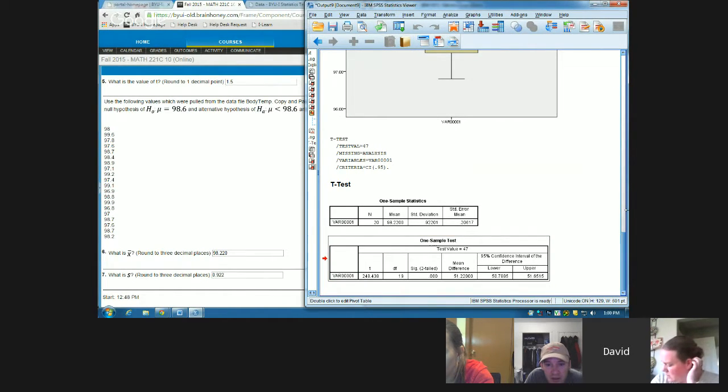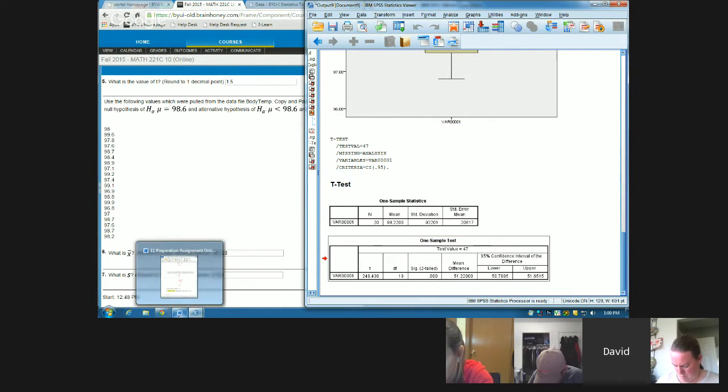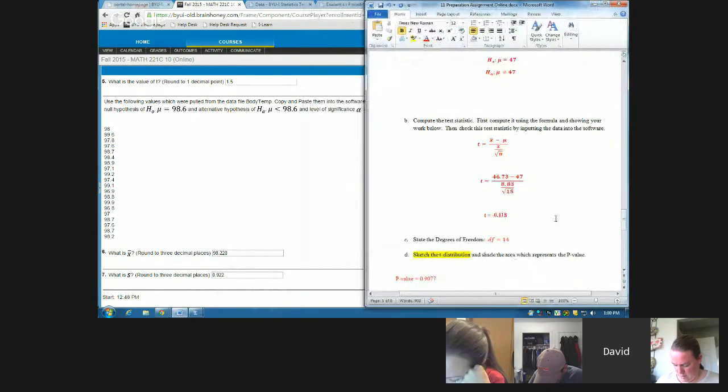What did you say you got? When I divided it by the square root of 20, I got 0.206. Okay, what formula are we using? Well, I thought we were looking for this T, because in the book it says T. If we're looking for the margin of error... No, we're looking for the T-score.